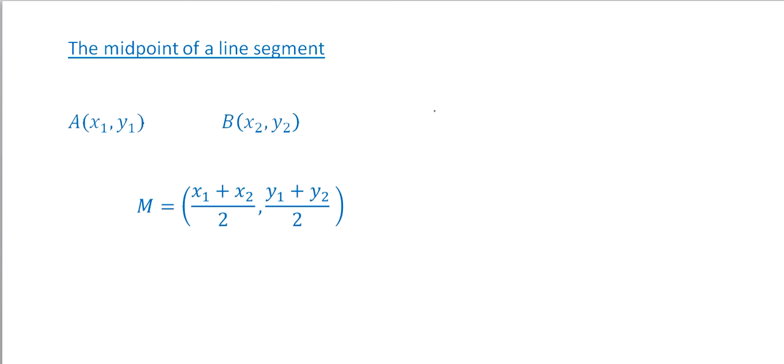Now we can also find the midpoint of a line segment, which is also pretty straightforward. So if we have 2 points, A and B, and we wanted to find the midpoint, which is at the middle of the line segment AB.